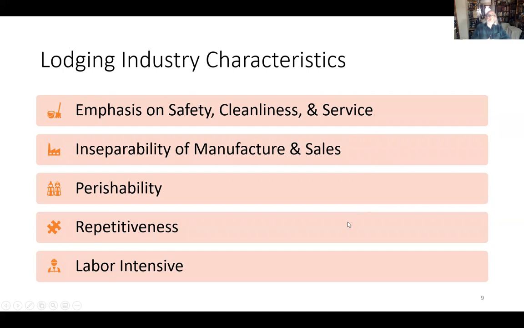So here are the main characteristics that all people, and we're talking about guests, judge the lodging industry on. If they were to get a report card, this is how it would be marked in these areas. There is always the emphasis on safety, cleanliness, and service. When it comes to guests, we all do this.